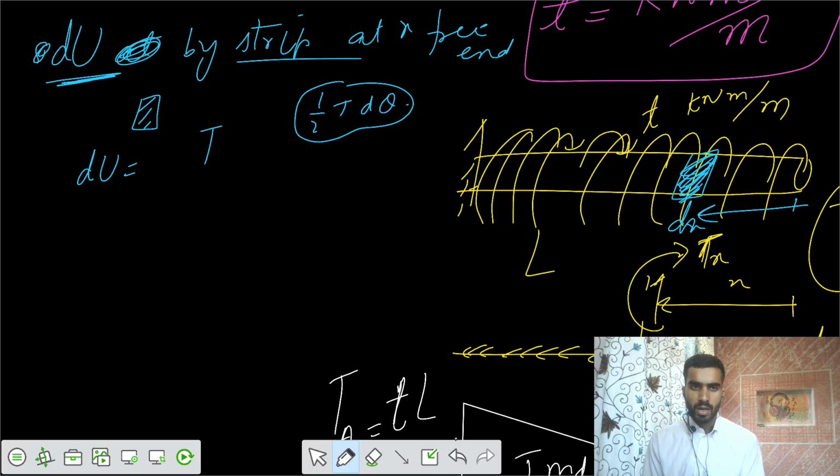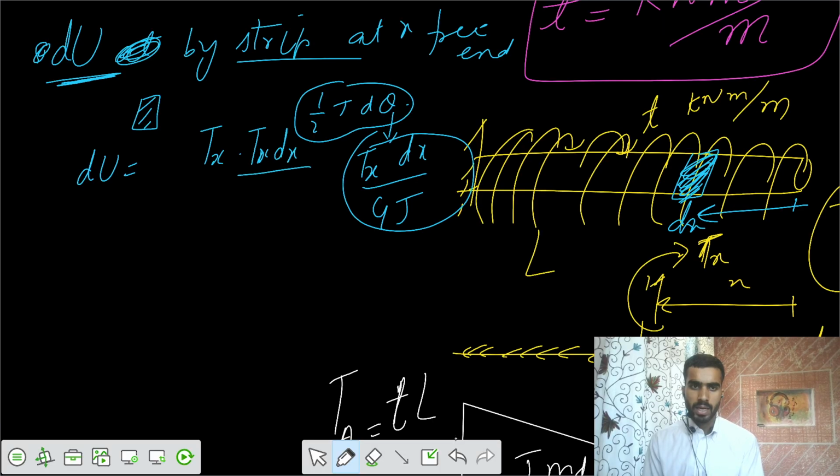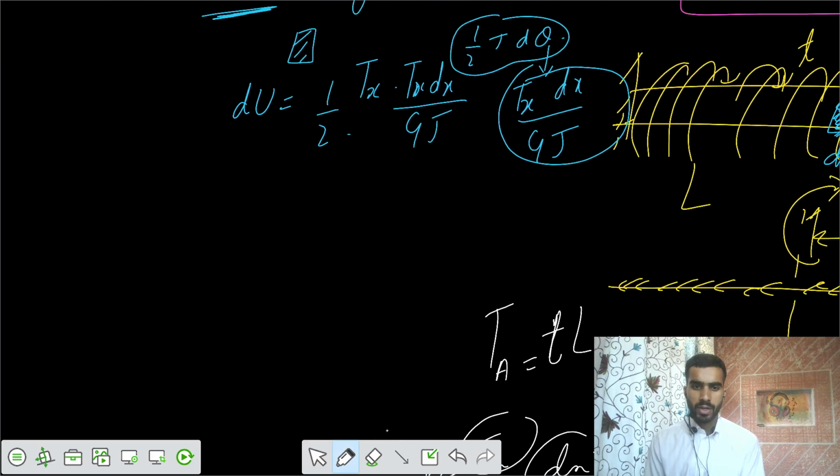I write Tx, and d theta is also a function of Tx, so that is Tx dx by GJ. So dU is 1 by 2 Tx into Tx dx by GJ. This gives the strain energy in that smaller strip.